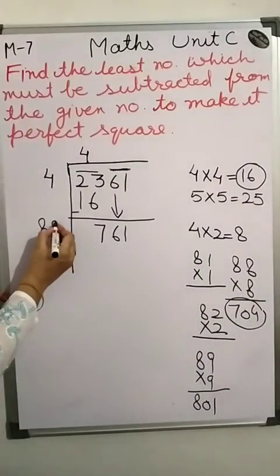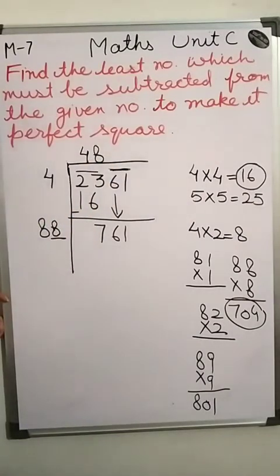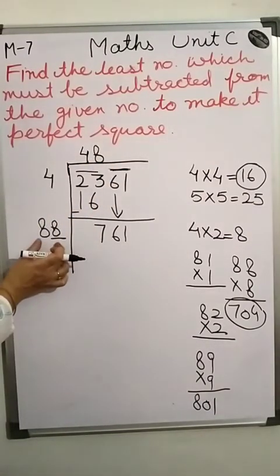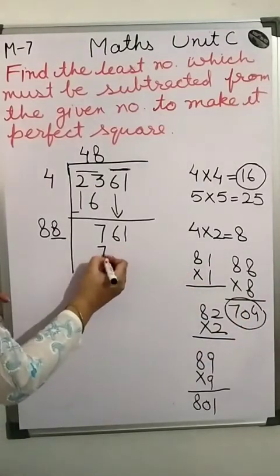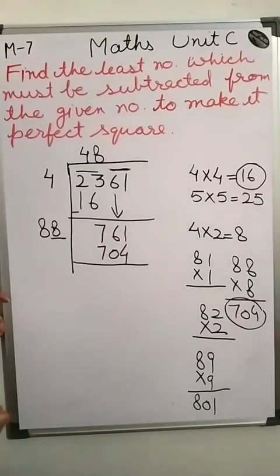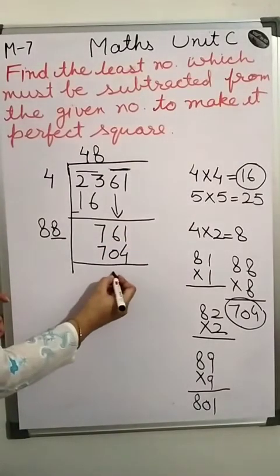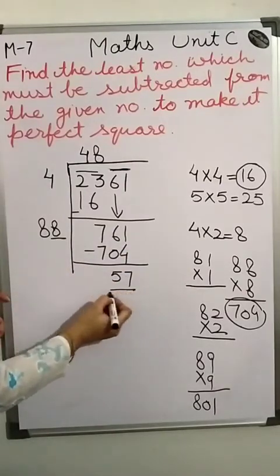So write down 8 here and 8 here also. It means 88 multiplied by 8 is equivalent to 704. So you write down 704 here and subtract these two numbers. After the subtraction, you will get 57. So this is the remainder which is left here.